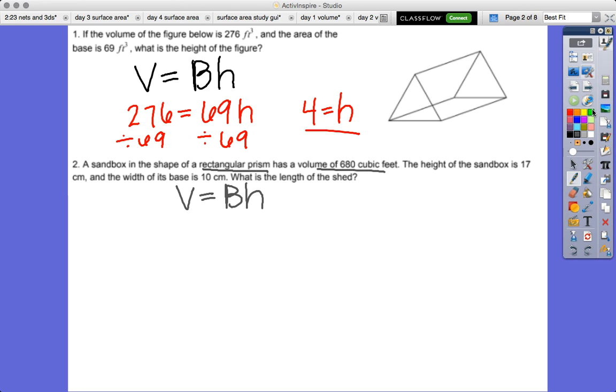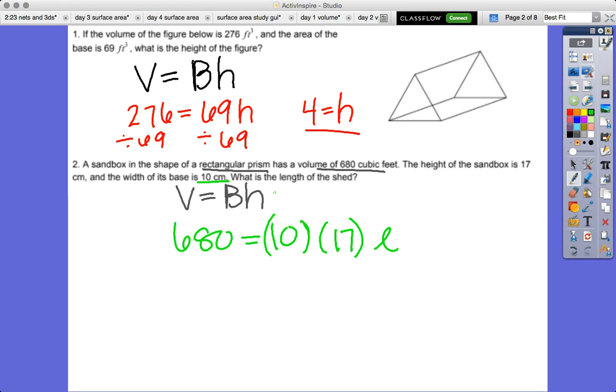Alright, so we have 680 cubic feet. Now, the base, we're looking for the length of it, so we can just go ahead and say 10 times 17, and we're looking for the length. We know that this formula is the same as saying length times width times height.